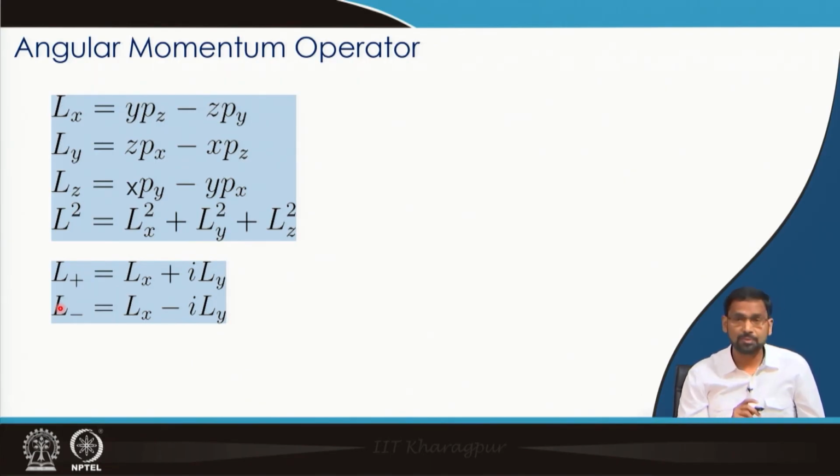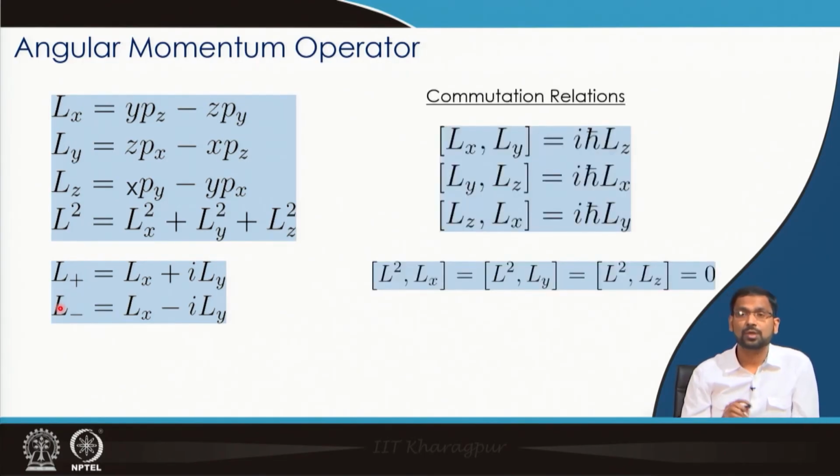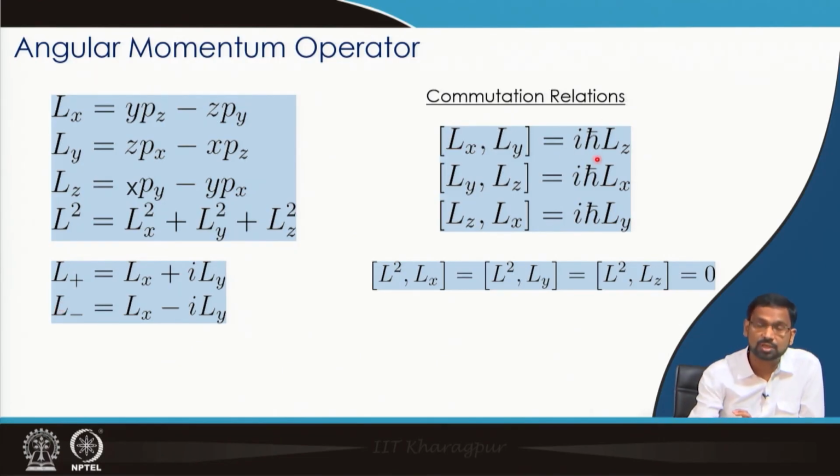Now, whenever we say angular momentum operators, they are usually characterized by a very interesting commutation relation. The three Cartesian components of the angular momentum operator, Lx, Ly, Lz, do not commute with each other. That means Lx and Ly do not commute, because their commutator is not 0, rather it is i h bar Lz.